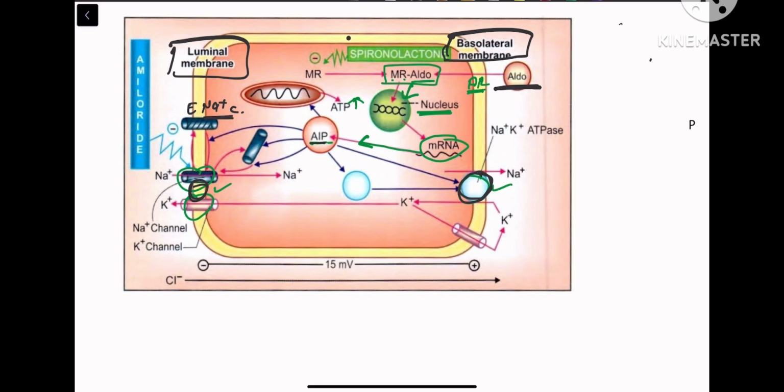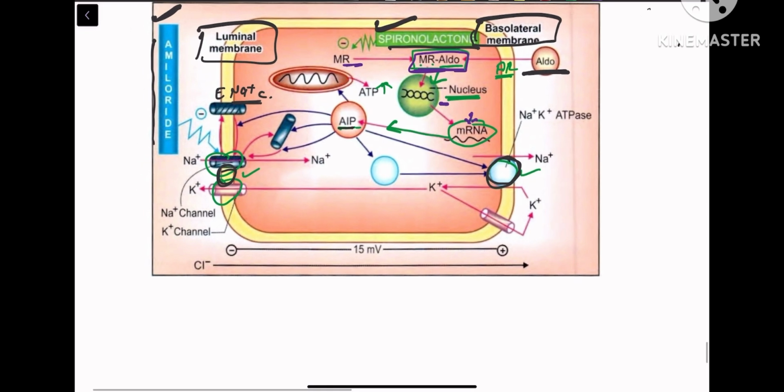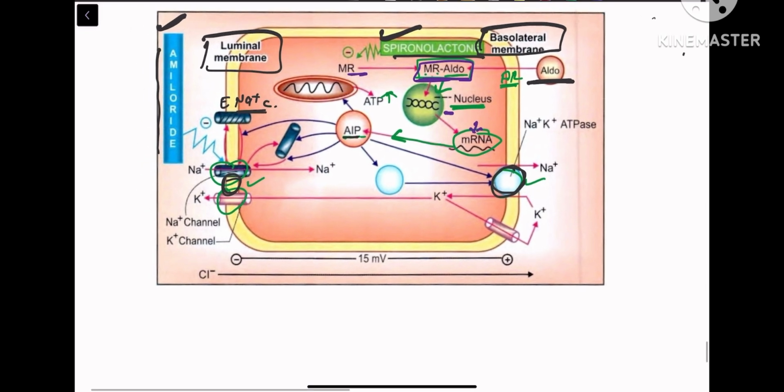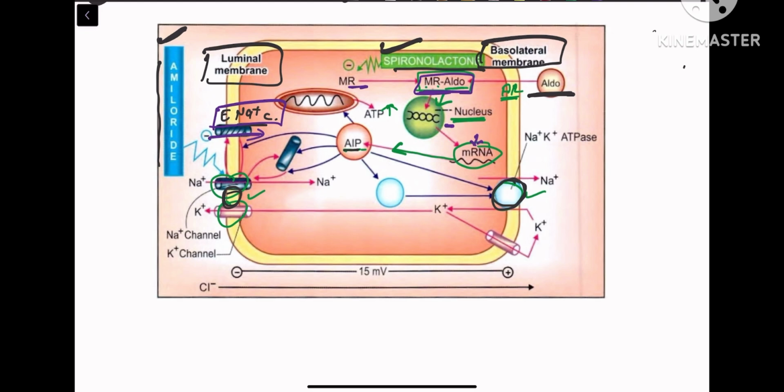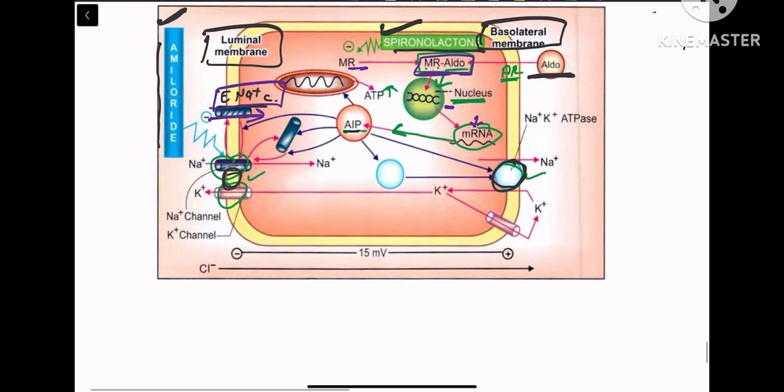First we have the aldosterone antagonist, and second the renal epithelial sodium channel inhibitor called amiloride. The spironolactone inhibits the formation of this complex, inhibits the transportation to the nucleus and inhibits the formation of the mRNA. Amiloride inhibits the epithelial sodium channel, which is responsible for the transportation of sodium.